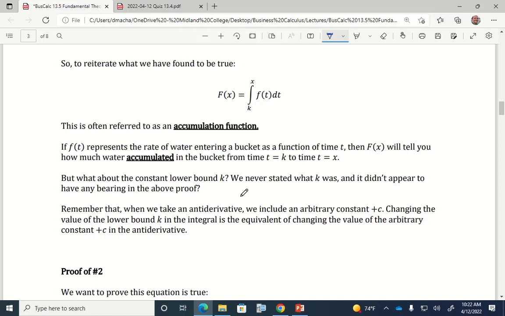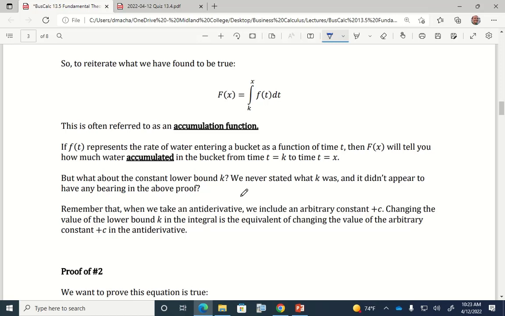Whenever you have a variable upper bound, we call this an accumulation function, because if we have the function lowercase f, and it represents the rate of water flowing into a bucket, so it might be in gallons per minute, maybe, then your capital F is going to tell you how much water has accumulated in your bucket between time t is equal to k, that constant, and whatever variable you choose for your upper bound, right?